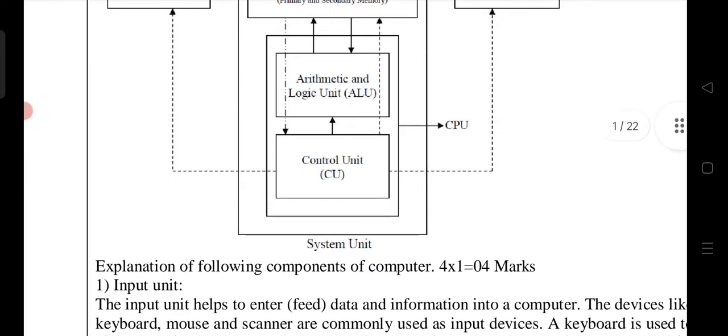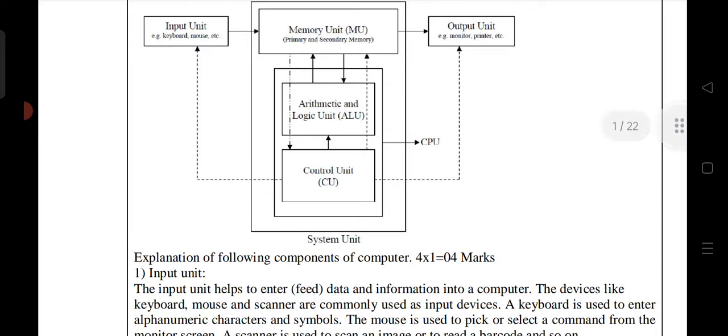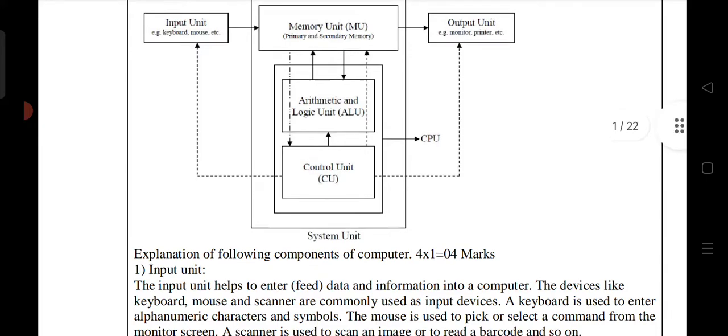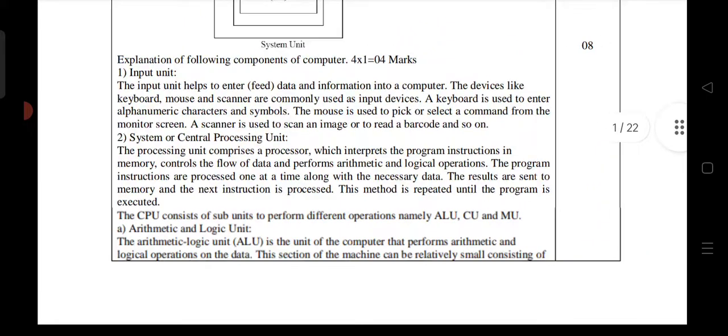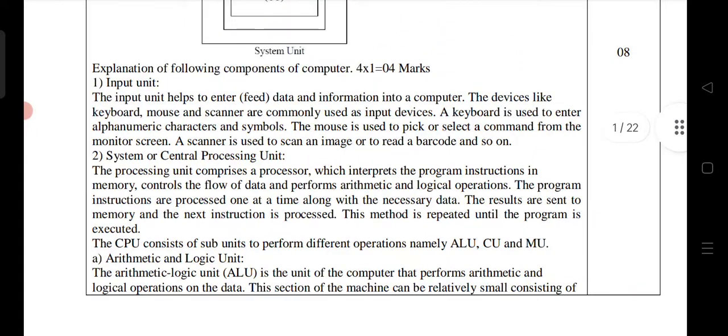Here the student will be allotted 4 marks. So 4 components he has to explain clearly and each component will be allotted 1 mark. So this is the expected answer from the student.